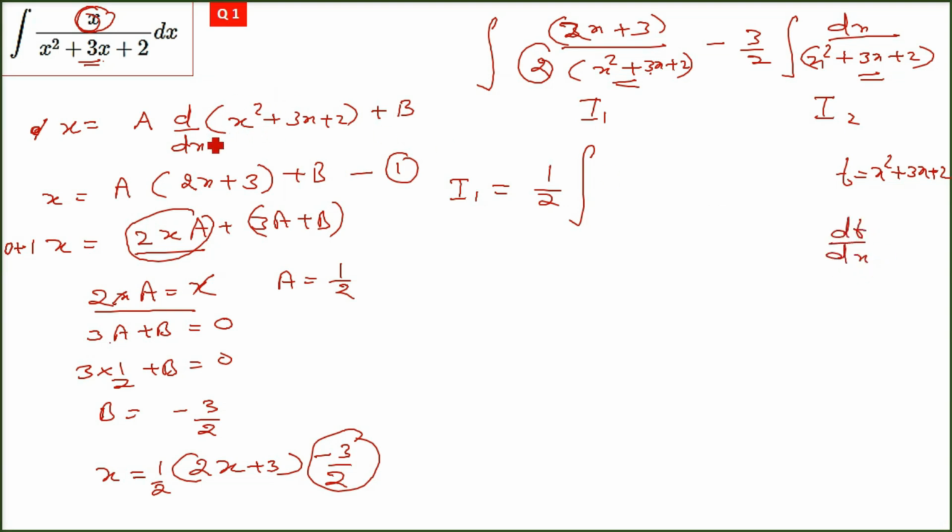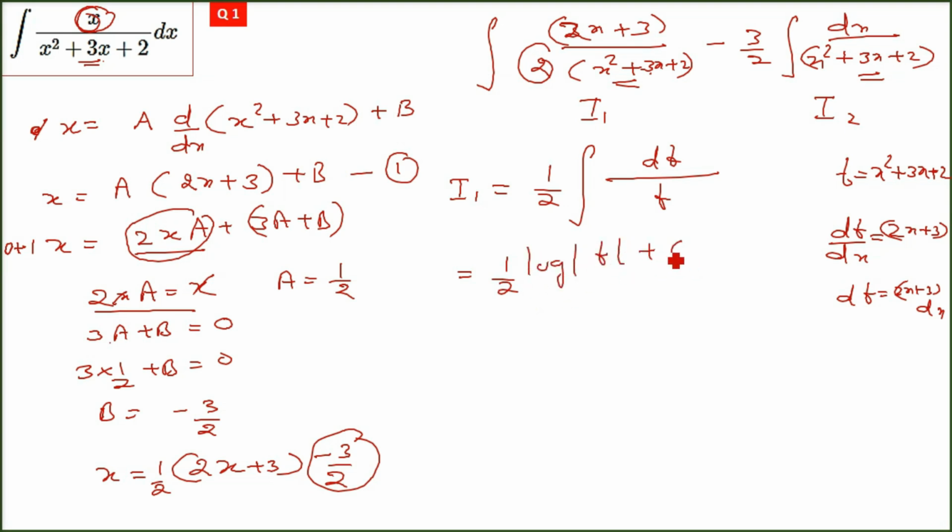We have already differentiated it. It was 2x plus 3, if you remember. So dt by dx is 2x plus 3, and that is in the numerator. So dt will be equal to (2x plus 3) dx. So (2x plus 3) dx can be written as dt. The denominator was taken as t. Half is already outside. So it's simply integration of dt by t, which is log modulus of t. So half log modulus of t plus a constant of integration, let me call it c1.